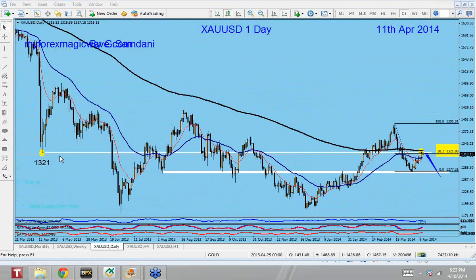You might have a shorter history, so on a daily you would probably see only from here to here, and then you would not see this point. So now you see it or no? On my screen, okay, so this is a huge level because you can see how fast we dropped at this level in 1321 and boom, we reacted. It is a big area, big level.